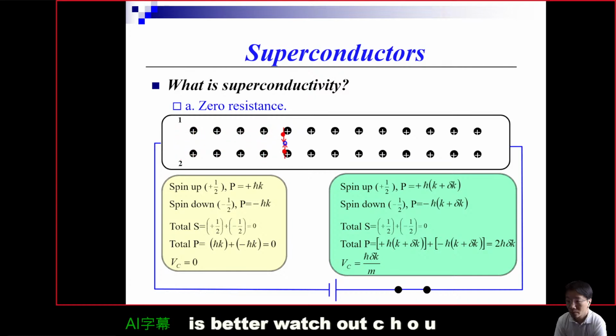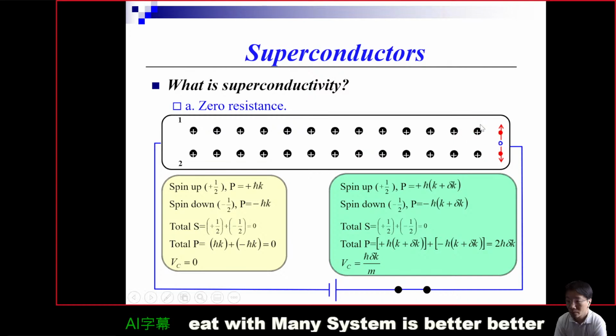They are starting to move. Okay, you can see that the mass center goes straight no matter how the electrons move. If one electron moves up, the other electron will move down, they will react immediately to keep the mass center going straight. So that's the principle of why we have zero resistance, because the mass center always goes straight without any resistance or being scattered by the positive ion.